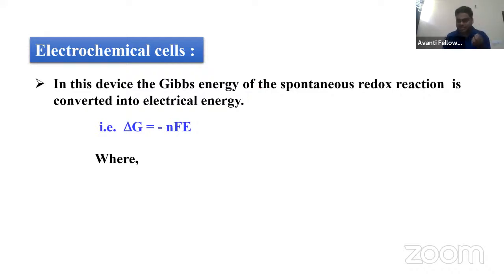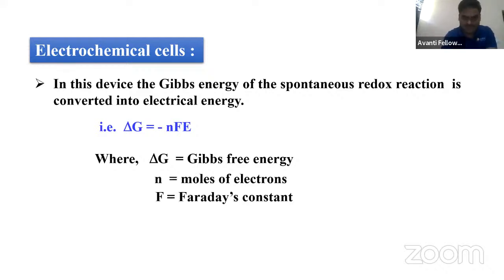F is the Faraday constant, whose value is equal to 96,500 coulomb. And what is E? That is the EMF of the cell, right? So this delta G comes out to be minus nFE. ठीक है? Everyone clear है ये सब कुछ? n is the number of moles of electrons, F is the Faraday constant, and E is the standard cell potential.